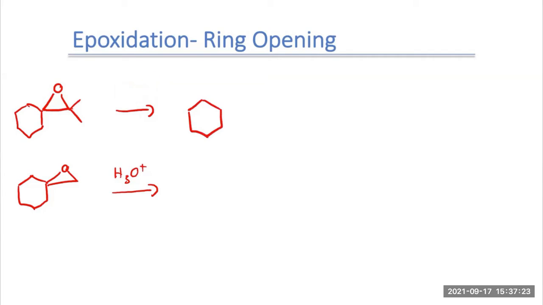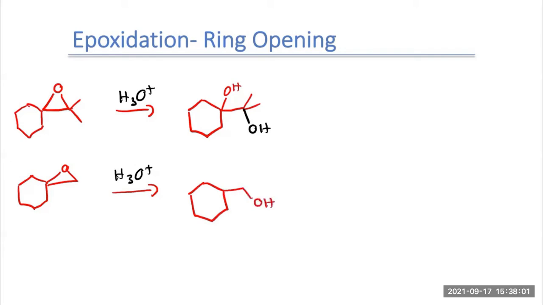So if we draw these as a different color, over the course of the reaction, we'll end up with it on that particular carbon. And in our second example, we end up with the alcohol on that carbon.